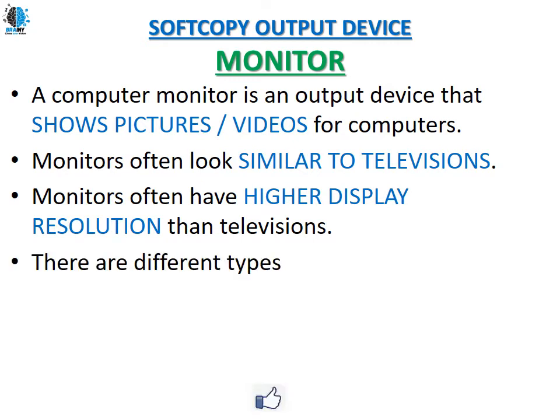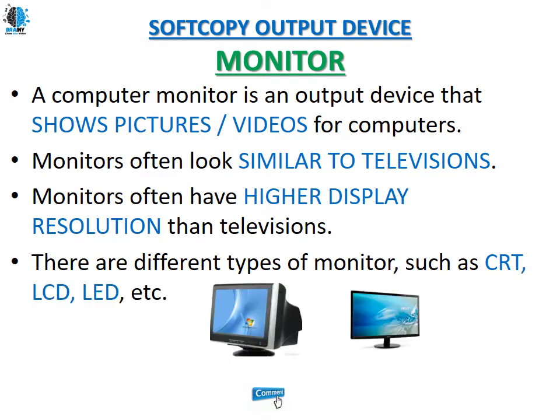There are different types of monitors such as CRT, LCD, LED, etc. CRT stands for cathode ray tube, LCD for liquid crystal display, and LED for light emitting diode. So these different types of monitors are available.